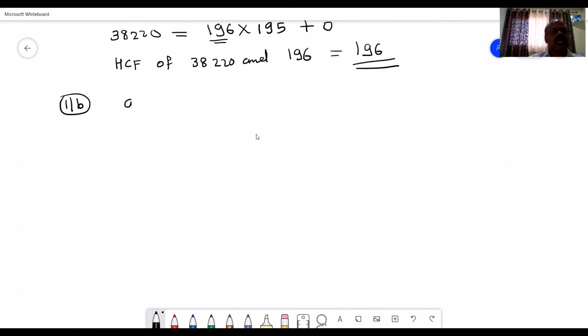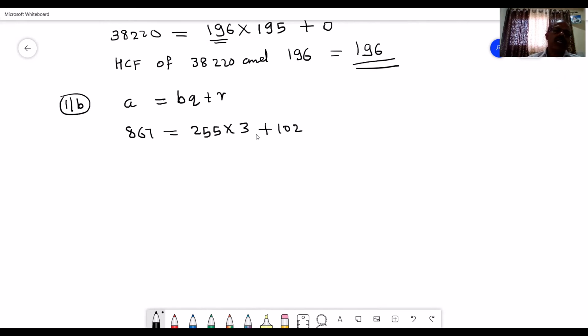So that we have to write in the form A is equal to BQ plus R. A is the highest number given, so that is 867. That is equal to 255, the first divisor that we are using here. How many times will 255 go through 867? It will go through 3 times, and the remainder we are getting here is 102.